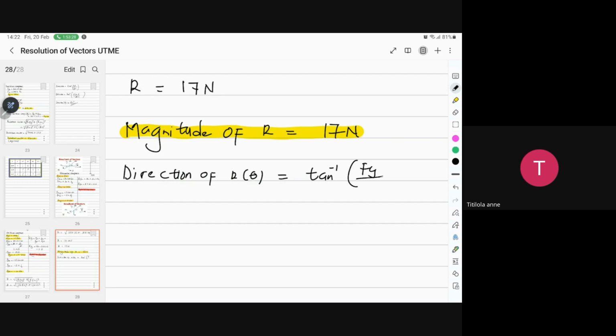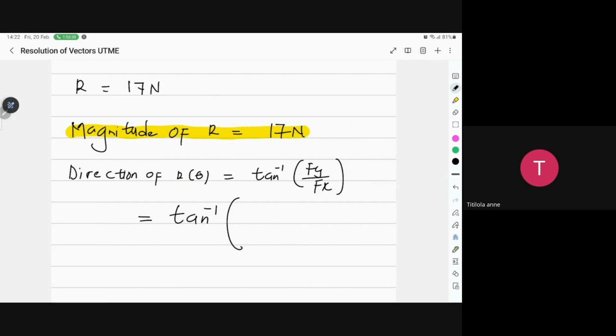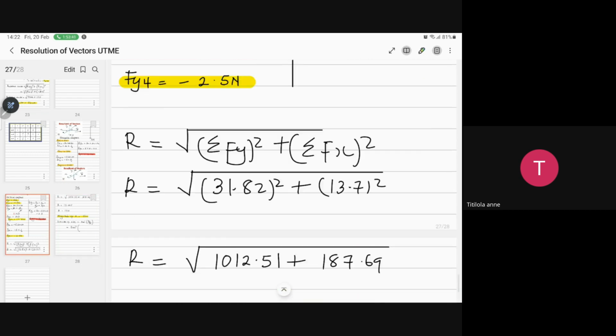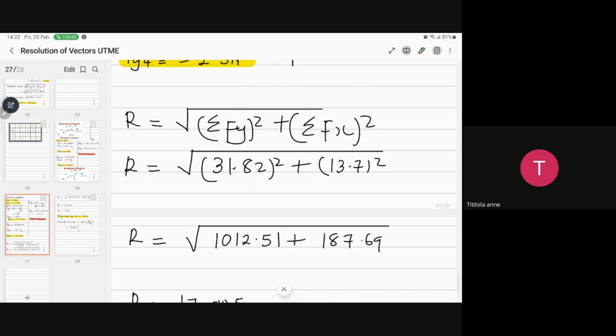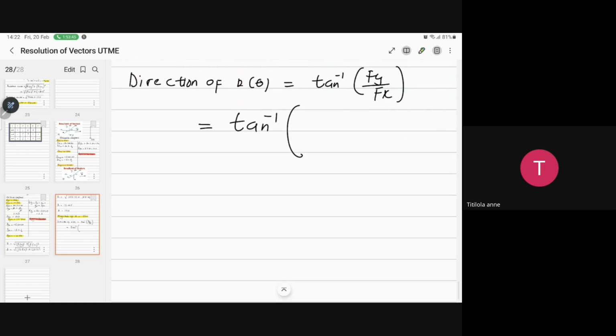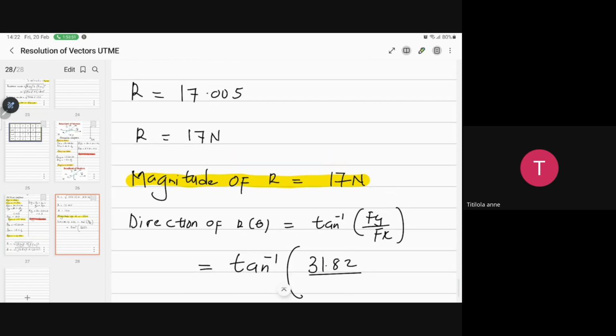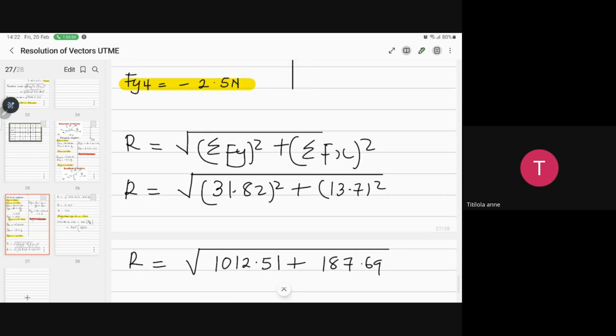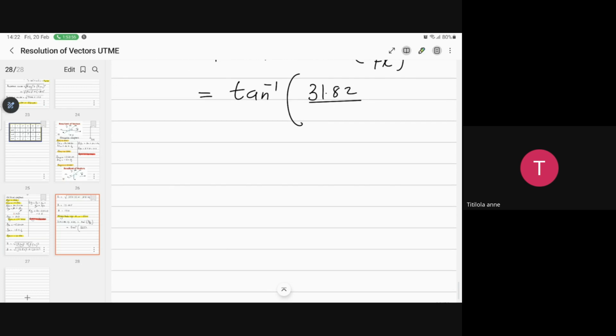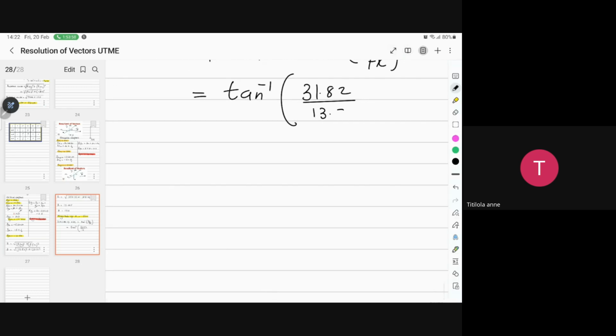Fy all over Fx. So the direction will be equal to tan inverse of total Fy value. Total Fy is 31.82. So we have 31.82 divided by total Fx value. Fx is 13.7.